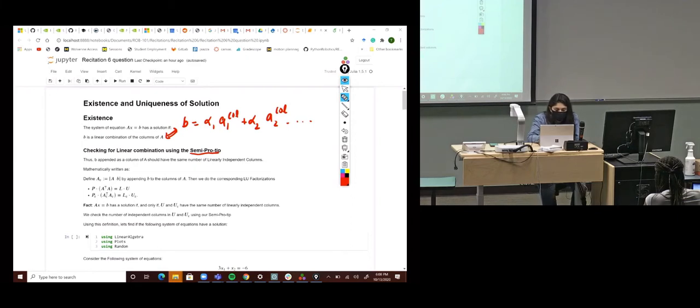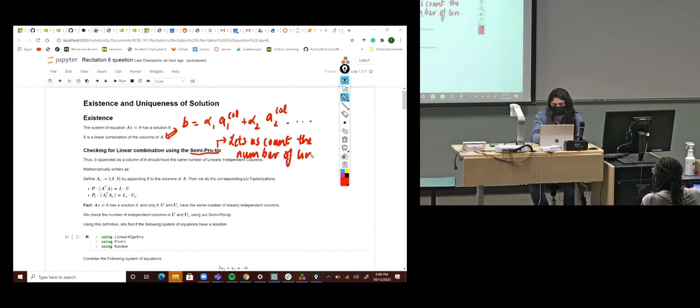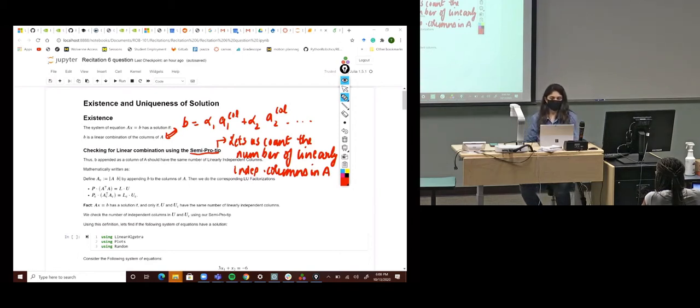So what is the semi-pro tip? What does it do? It simply lets us count the number of linearly independent columns in any matrix A. That is the objective of using our semi-pro tip.